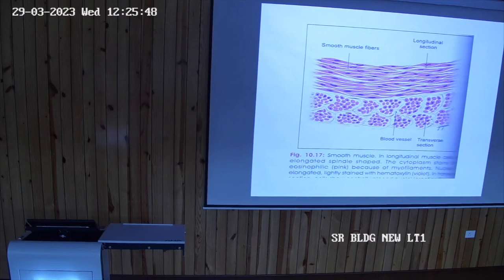Because of that, I am not including that. That can be differentiated only by special staining, not by this hematoxylin and eosin staining. So see the longitudinal section. This longitudinal section is very important.